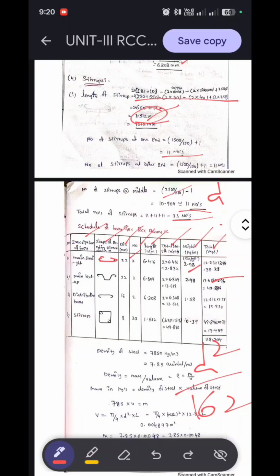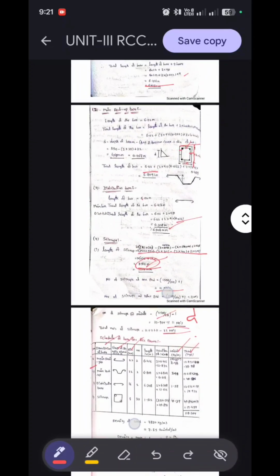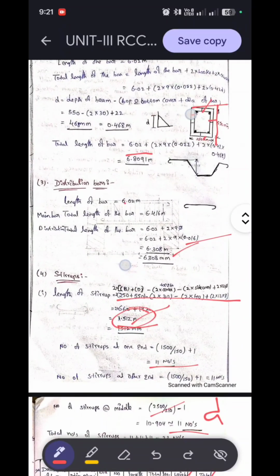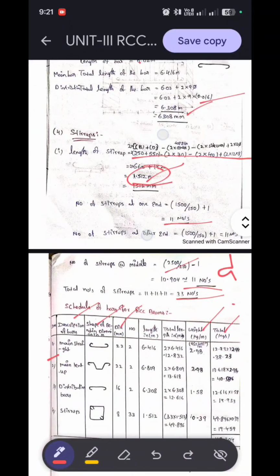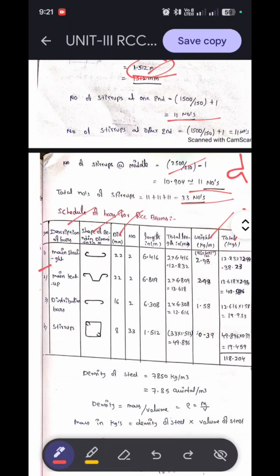Okay. Next item of work, serial number 2, main bent up bars. The shape is its bending shape, it looks like that. Dia of the bar 22 and numbers 2 are already given in the question. Length of the bent up bar is 6.809.